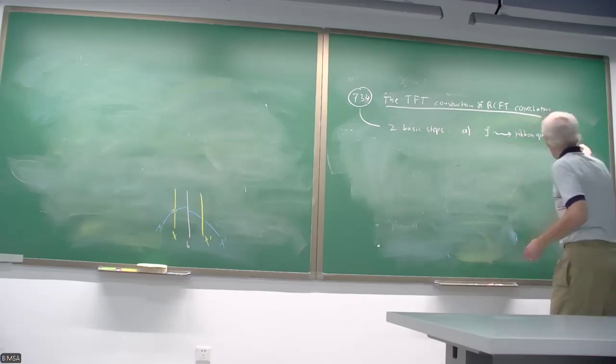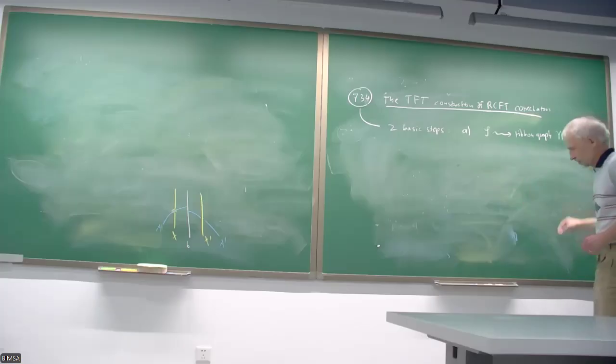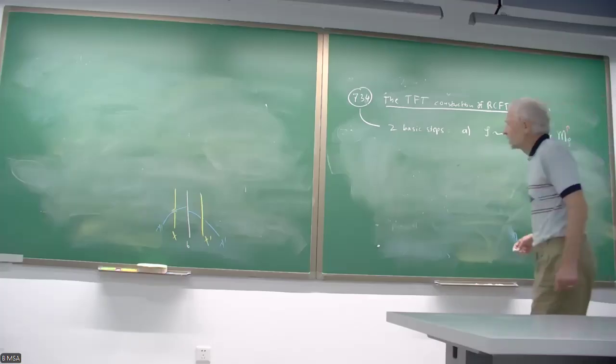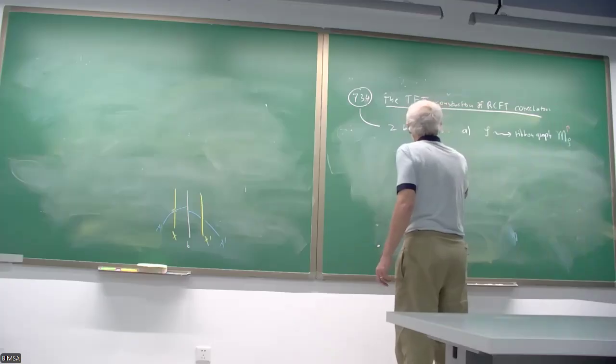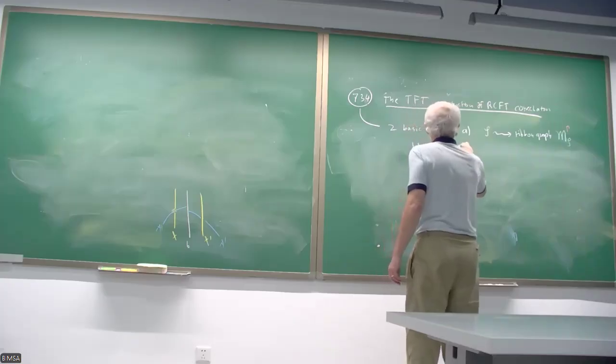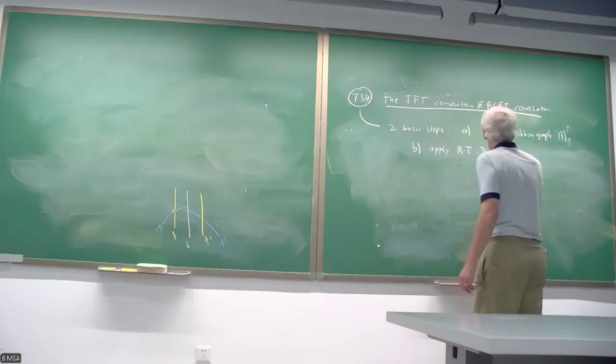So M stands for manifold, but I implicitly specify a ribbon graph. If I need a name for that, I might call it gamma, but typically I will not. And then the second step is we apply a Reshetikhin-Turaev type three-dimensional topological field theory.